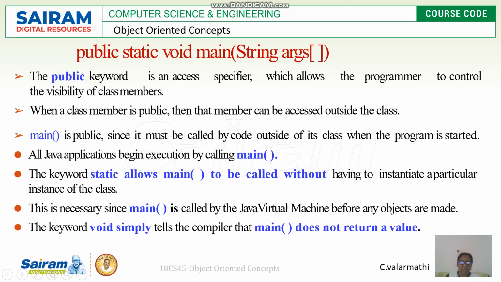Static allows the main method to be called without having to instantiate a particular instance of a class, right? So in public static void main, we are not instantiating, that means we are not creating any object of the class. Without instantiating a particular instance of a class, we can use the main method. So this is the meaning of public static void main.